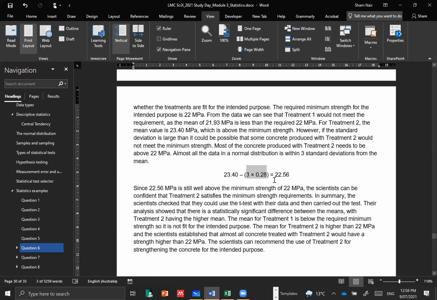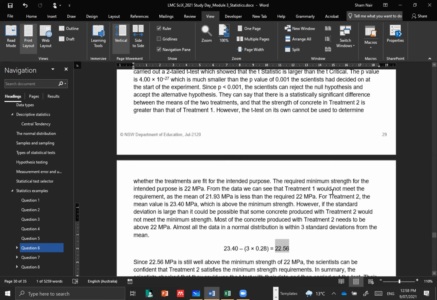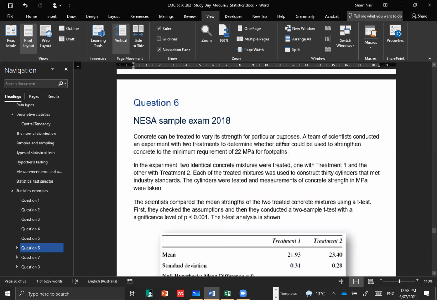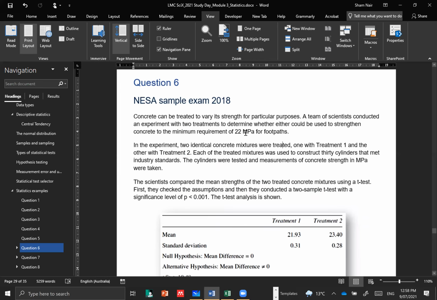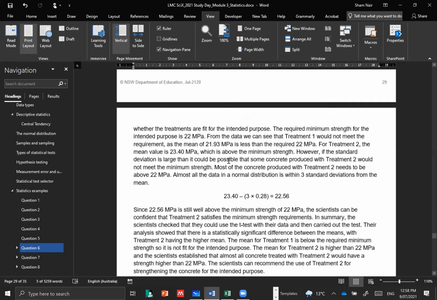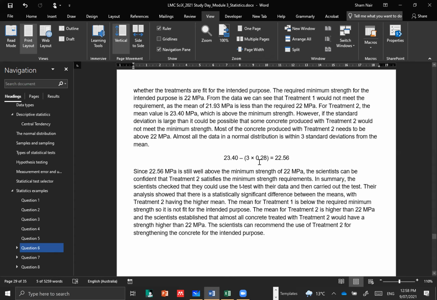Minus 3 standard deviations gives us this value, 22.56. Going back to your original question up here, the minimum requirement is 22 megapascals. So the mean minus 3 standard deviations is still larger than the 22 minimum. That means that 99.7% of the samples that were tested are stronger than the minimum requirement.